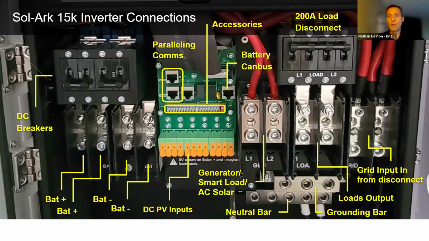If you have multiple inverters in parallel, you'll use those paralleling communications connectors there. Those are RJ45 Ethernet connectors. That allows you to get more inverters if you want to do that. Our batteries are communicating batteries, and they'll plug in through the battery CAN bus port that you can see there as well. And then, Daniel, what are the orange cam lock tabs there for?